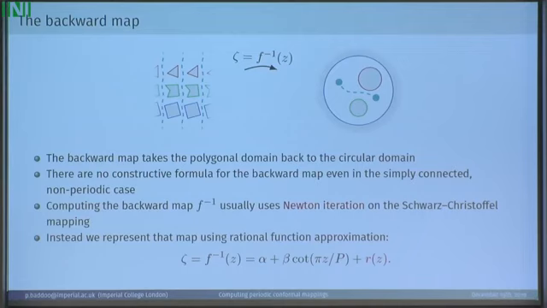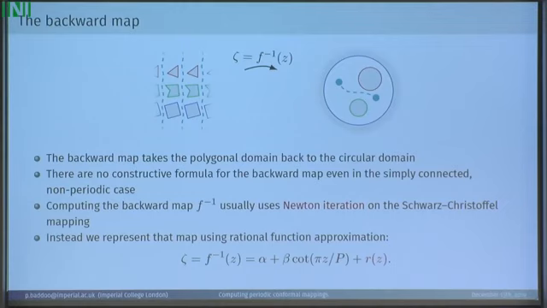Infinitely many points are now mapped to the same point because, for example, this point is mapped to the same point as this point, as this point. So people would usually use a Newton iteration on the Schwarz-Christoffel mapping to find the backwards map, but it's extremely expensive. Instead, we want to use rational function approximation to do the backwards mapping. And now our approximant takes this form.